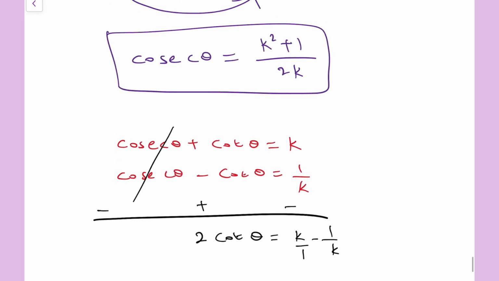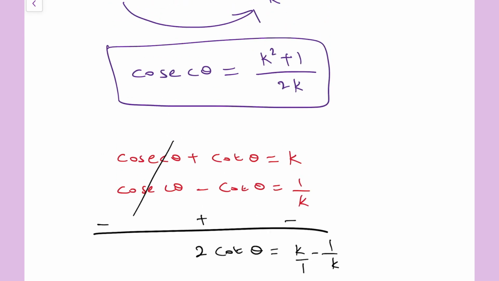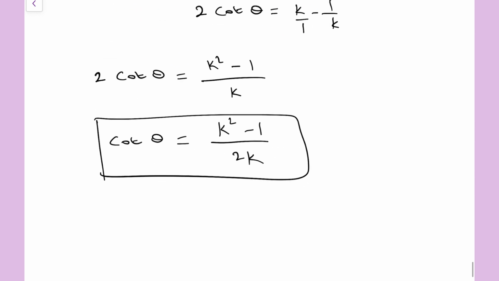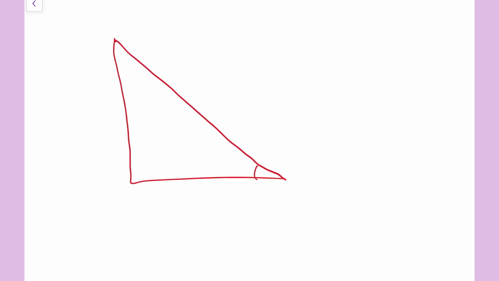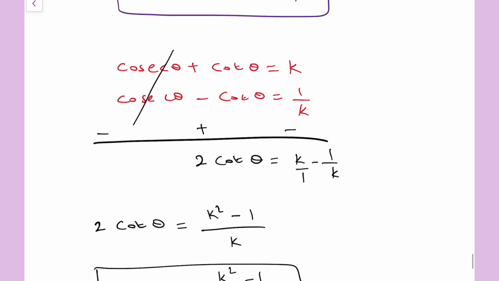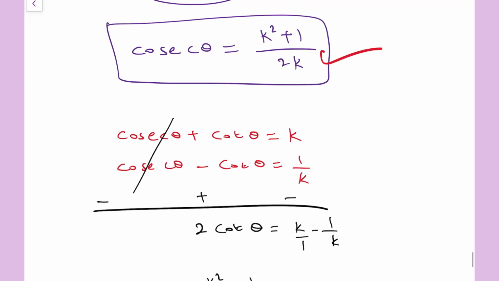In the previous case I got cosec theta equals k square plus 1 by 2k, and now I got cot theta equals k square minus 1 by 2k. Using those two, let us draw the right angle triangle. For theta, according to the first answer, cosec theta equals k square plus 1 by 2k.